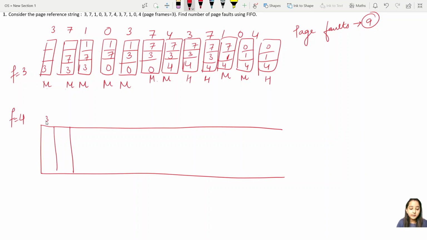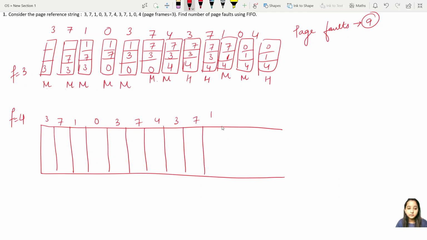See, if I am taking the same string 3 7 1, then 0, then 3 7 4 3 7 1 0, but the frame size here is 4.